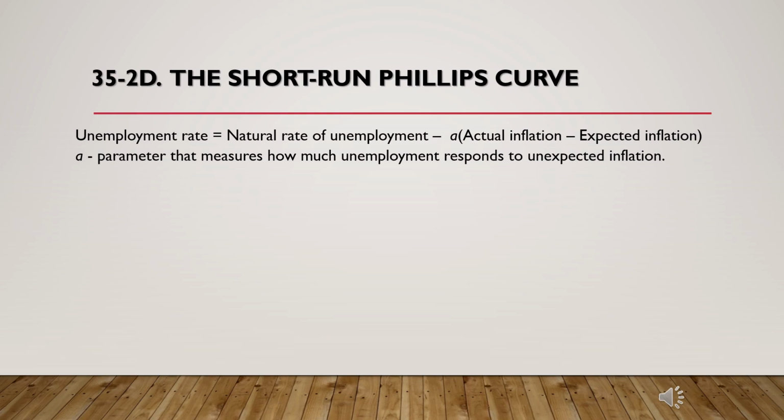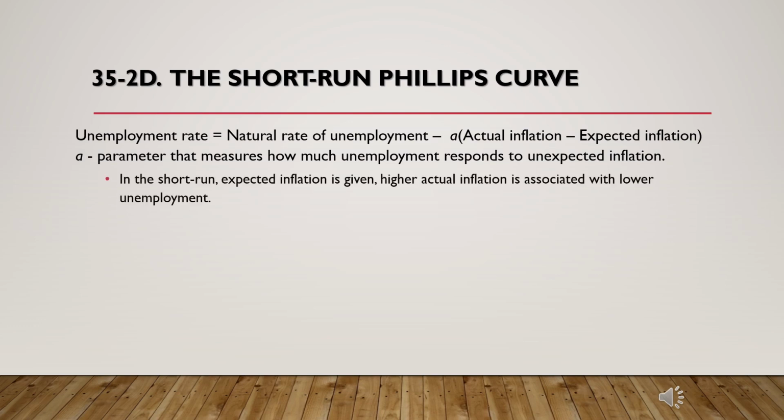It relates the unemployment rate to the natural rate of unemployment, actual inflation, and also expected inflation. In the short run, expected inflation is given, so higher actual inflation is associated with lower unemployment. The variable A is a parameter that measures how much unemployment responds to unexpected inflation.